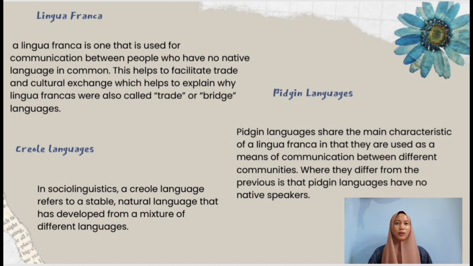Creole languages typically have simplified grammar and vocabulary compared to their parent languages. They can arise in various social contexts, such as during colonization, slavery, and trade interaction. Creoles are considered distinct languages in their own right and are spoken as a native language by a community. Examples include Haitian Creole and Papiamento.